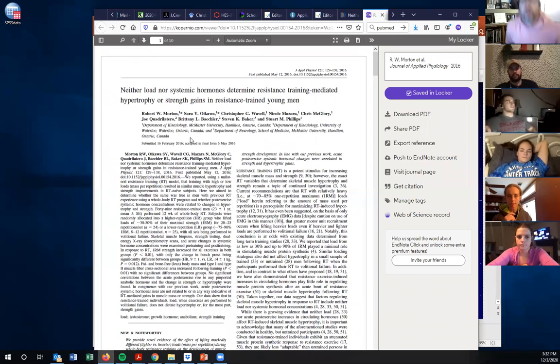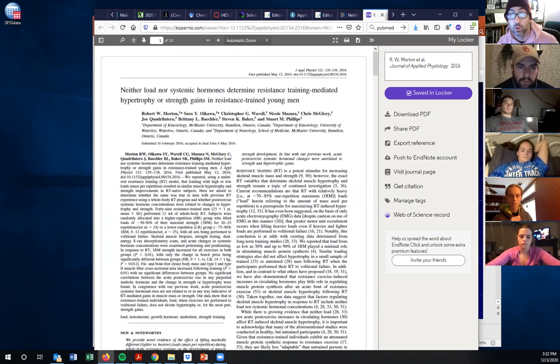So here's a paper from 2016 from Stuart Phillips's lab at McMaster, where they found that neither the load that you lifted, so they did high weight and low weight, and they had both of them work out until task failure. And then they also measured the systemic hormone response to certain things.